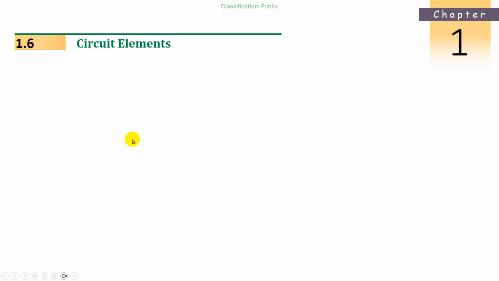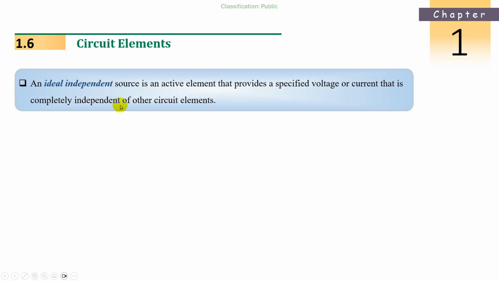Now, an ideal independent source. What is ideal? Ideal means it doesn't have any power loss or any leakages. So an ideal independent source is an active element that provides a specified voltage or current that is completely independent of other circuit elements.